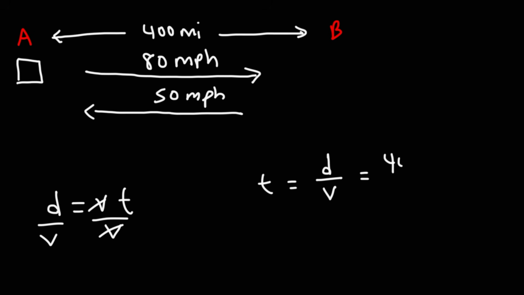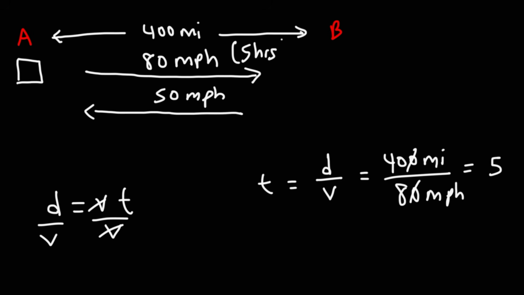So if we were to take 400 miles during the first part of the trip, traveling at a speed of 80 miles per hour, if you divide these two, this becomes 40 over 8, which is 5. So during the first part of the trip, it took 5 hours for the car to go from A to B because the car is moving at a high speed.